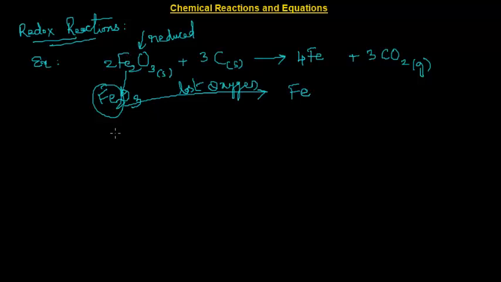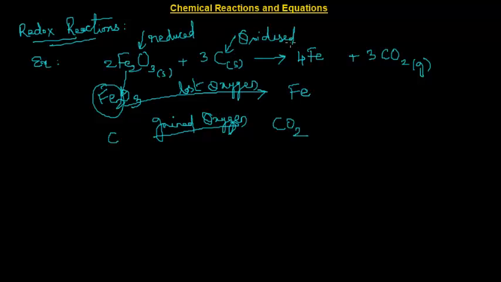Now let us see carbon. Carbon which is present gained oxygen. So it is forming carbon dioxide. So this got oxidized. As I told you, oxidation reaction and reduction reaction are taking place simultaneously.